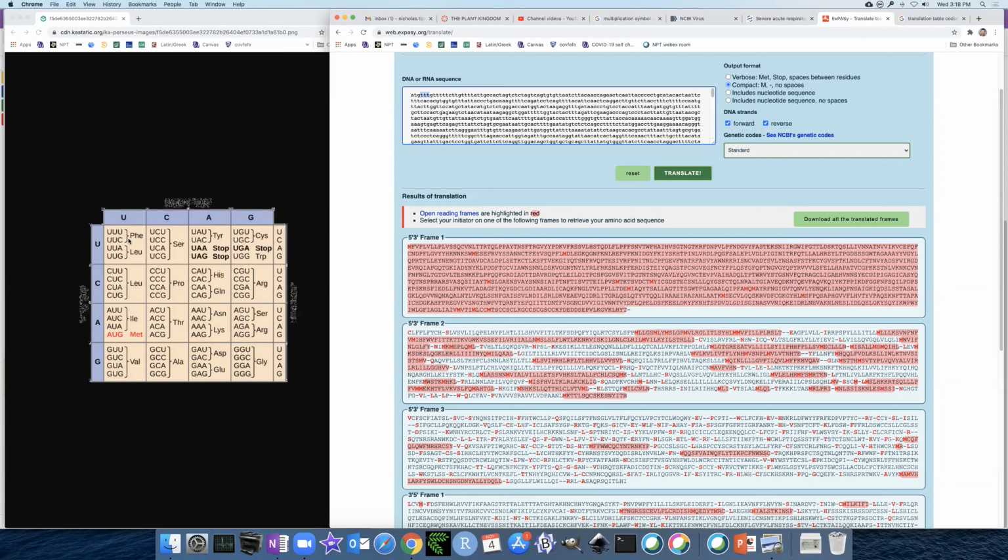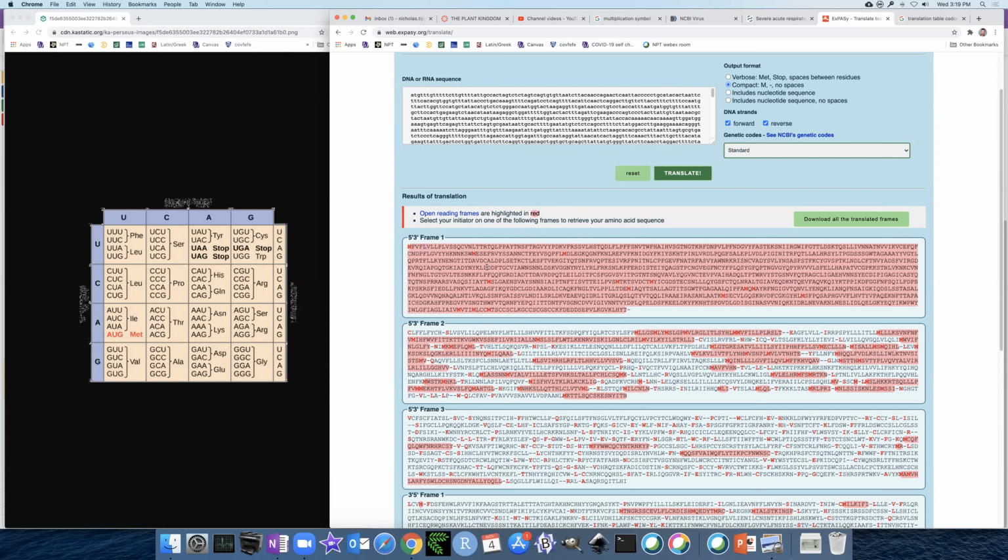And starts with the F sound, so that's one way to remember. Phenylalanine is actually abbreviated F. Next up, GTT, GUU, valine, that's V. Here's another TTT, also phenylalanine, F, CTT, CUU, leucine, MFVF. There's another leucine.